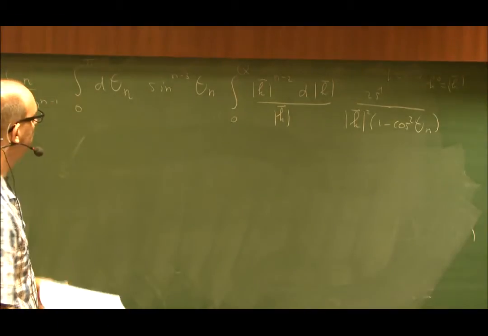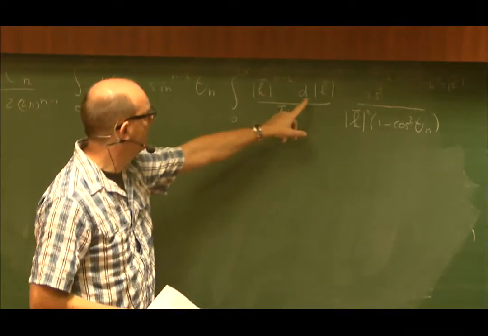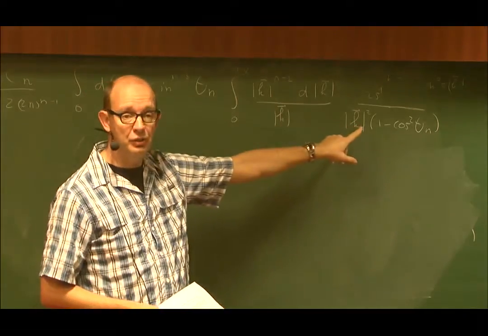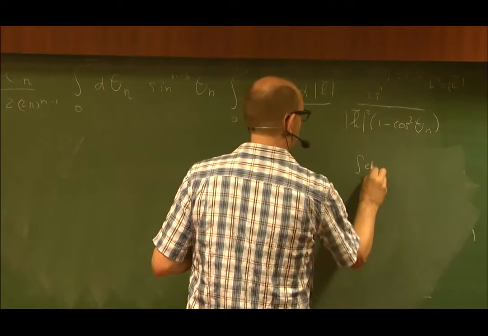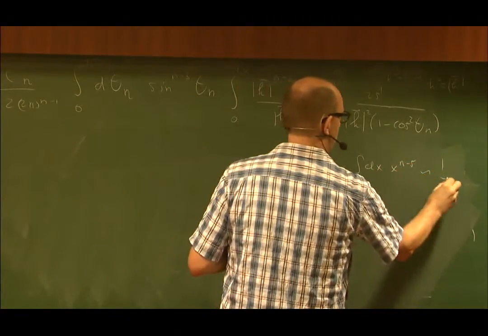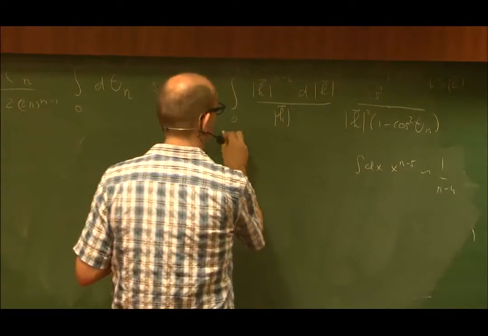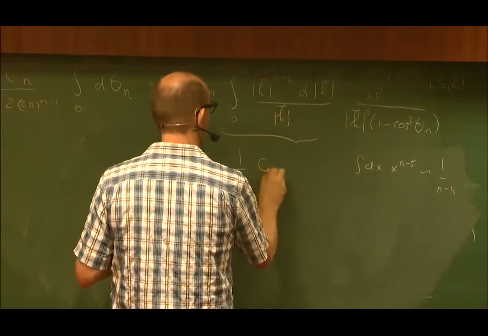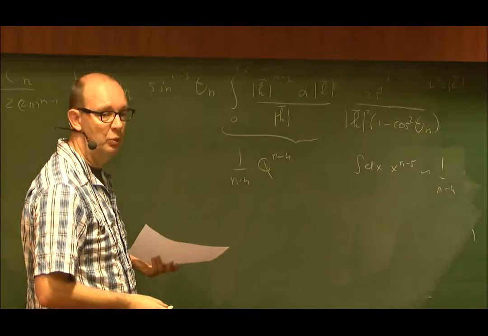Now we can do the k integral first. Let's see. We have here dk, k to the n minus 2. This makes it n minus 3. This makes it n minus 5. So if we have a dx x to the n minus 5, the primitive is 1 over n minus 4. Right, so for the k integral, we get 1 over n minus 4 times q to the power n minus 4, which is nothing but epsilon.